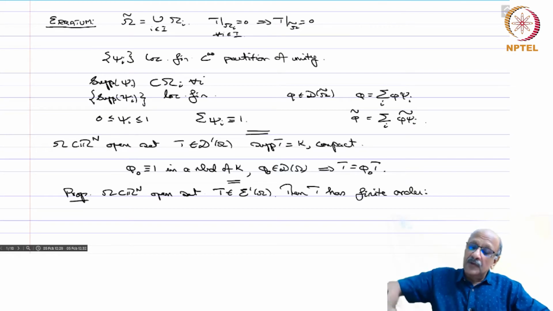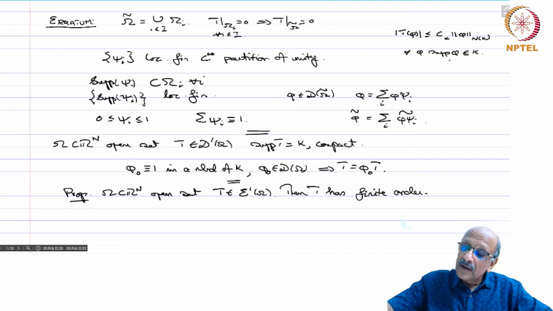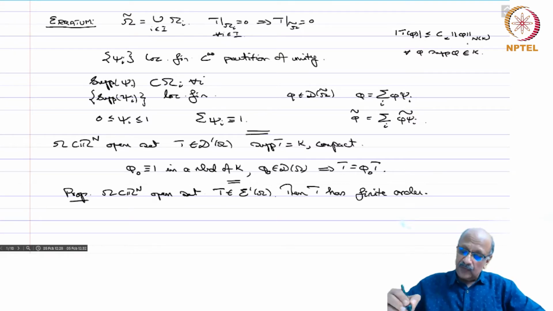Recall the order of a distribution. If you have a distribution T, then |T(φ)| is less than or equal to C_K times the norm of φ in N_K, for all φ such that the support of φ is contained in a fixed compact set K. If N_K is independent of this compact set, then that integer N which works for all compact sets is called the order of the distribution, and we say T is a distribution of finite order.